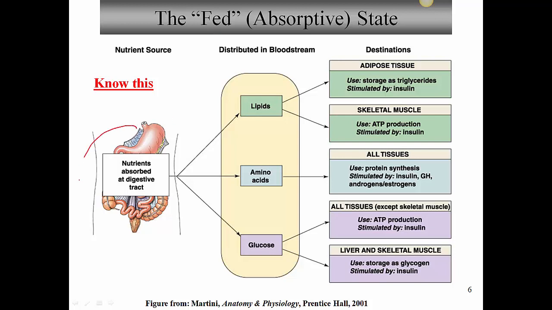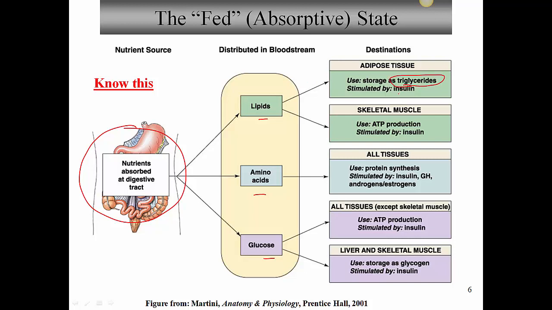Once again, what we're doing here is we're absorbing nutrients that we've just taken in. The process of digestion is carried out, and once the nutrients we've taken in are small enough, we can absorb them into the body. The major classes of what we absorb, as we talked about, were lipids, amino acids, and sugars, in this case glucose. What's done with these products of digestion is that lipids are converted into triglycerides.